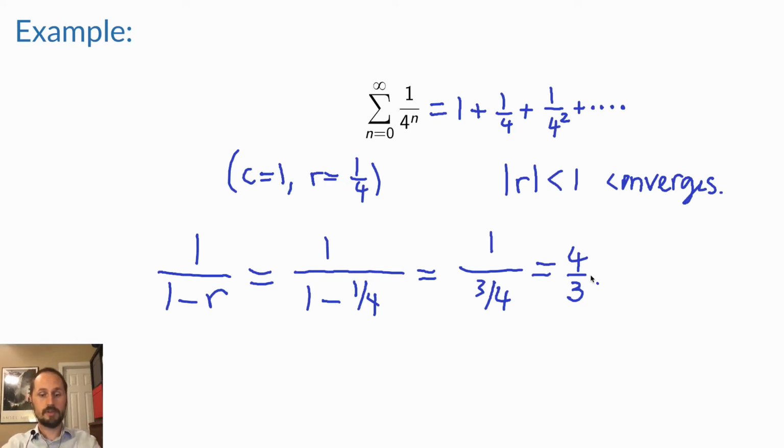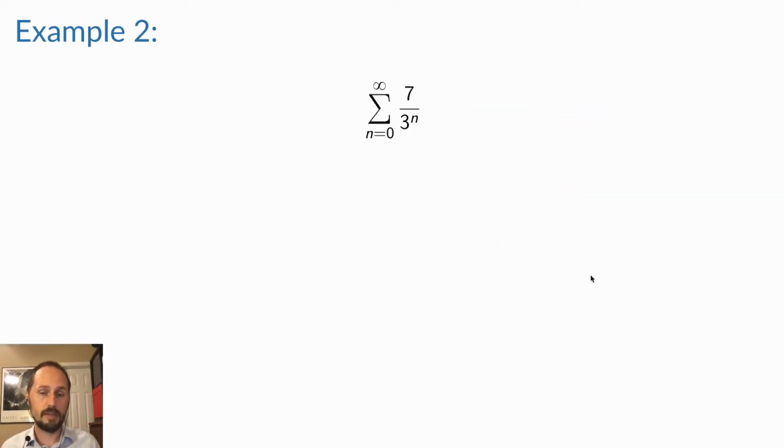Let's take a look at our next example. Right, our next example was the 7 over 3 to the n. So here, again, I recommend we just write out the first few terms so we can see right away what c and r are. So this is going to be, at n equals 0, we're going to get 7. And then the next term, we're going to get 7 over 3.